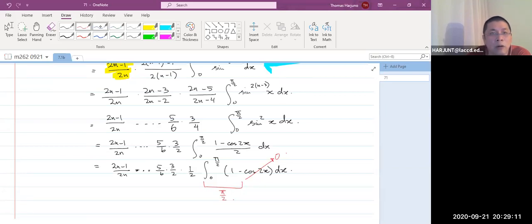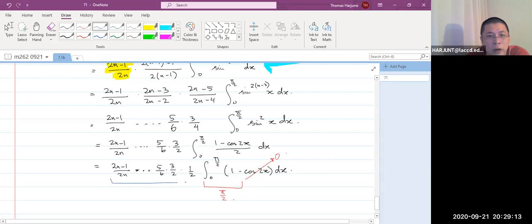Now I will rearrange this to be 1 over 2, 3 over, I'm sorry, it should be 4. It should be 4. 3 over 4, 5 over 6, all the way to 2n minus 1 over 2n times pi.